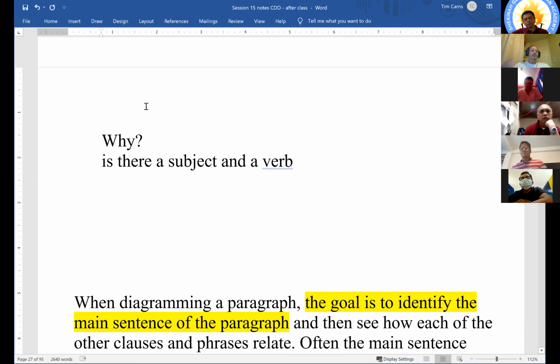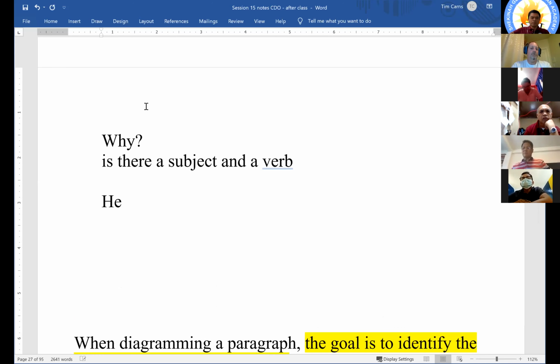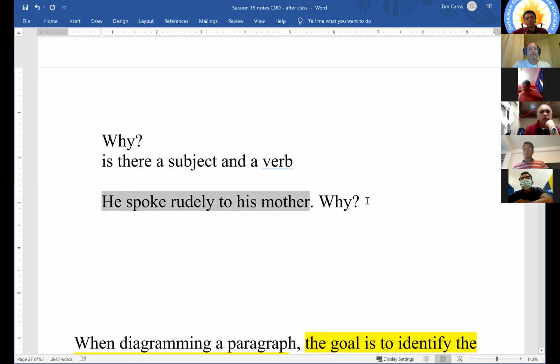Now, you would have to attach this to another sentence. He spoke rudely to his mother. Why? All right. Now this connects to this sentence here, but why by itself does not form a complete thought. There's no subject and verb.